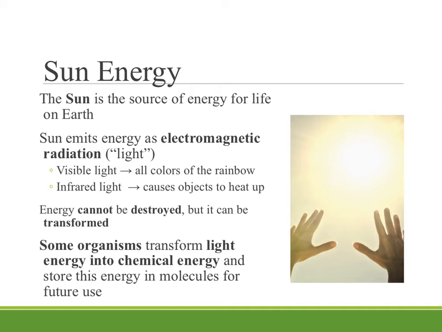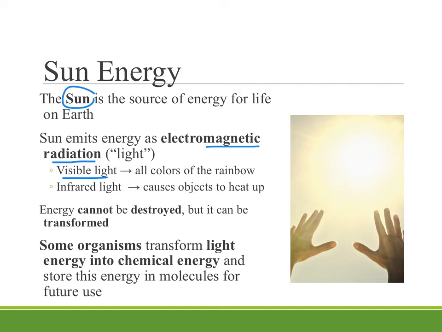The sun is the source of energy for life on Earth. So without the sun, we would be in pretty bad shape. The sun itself gives off light as electromagnetic radiation. That's the scientific word for light, and it actually includes invisible light like radio waves and X-rays, as well as the visible light that we know of as all the colors of the rainbow.